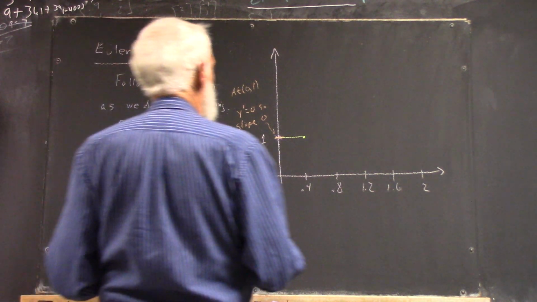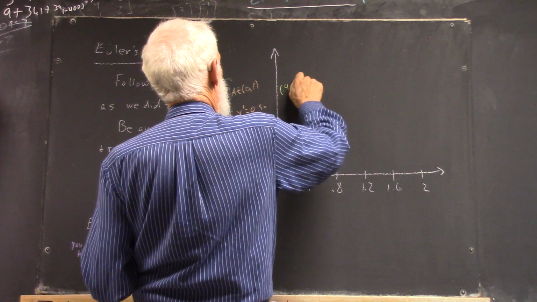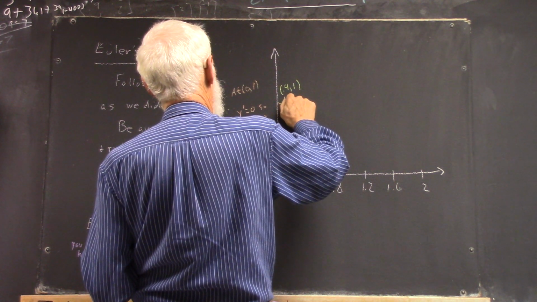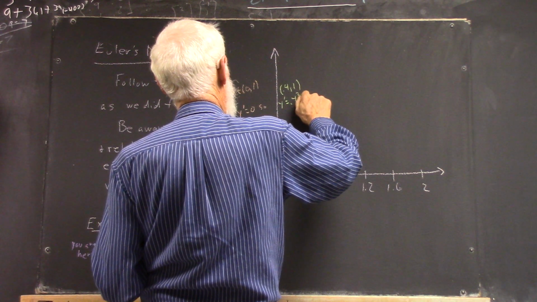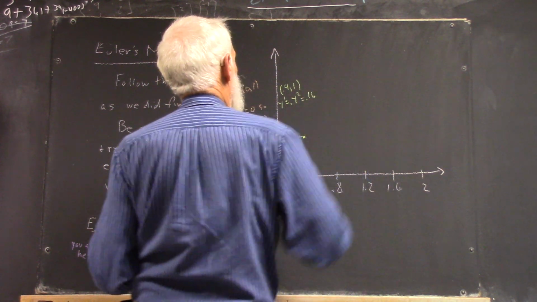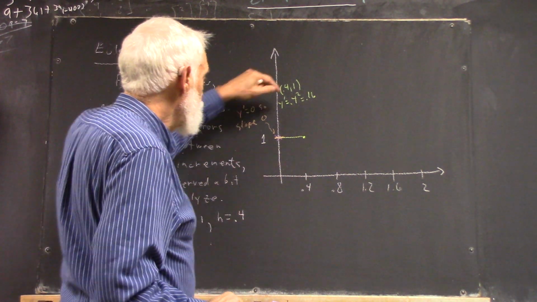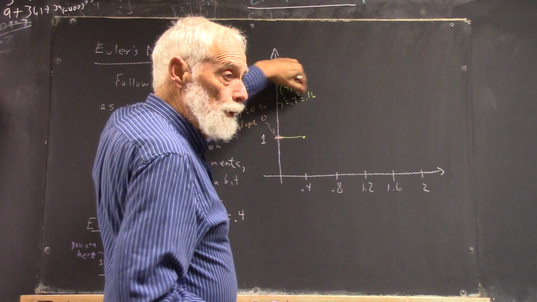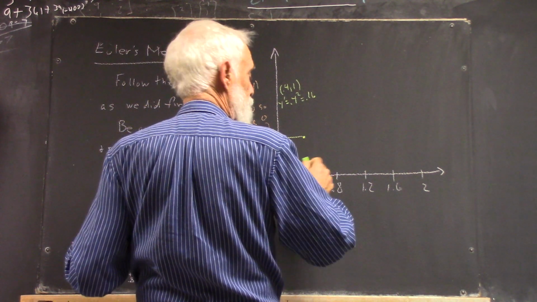So here we are at t equals 0.4, and y prime is going to be 0.4 squared, that's 0.16.